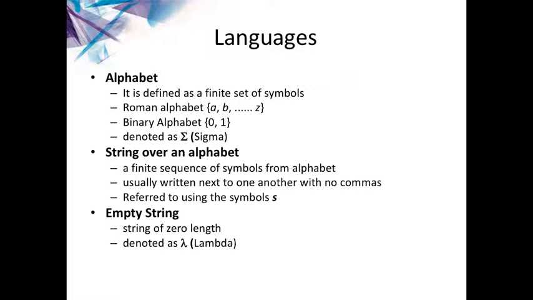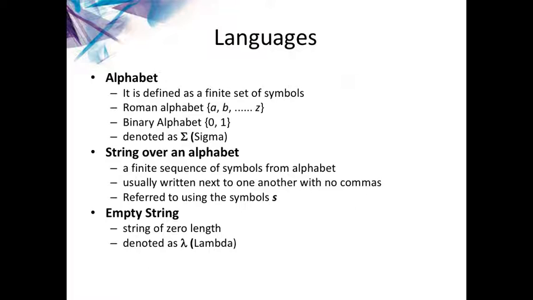So now what is a string? A string is a finite sequence of the alphabet symbols. So for a string to belong to a certain language, it has to be composed of the letters that belong to the alphabet of this language. A very special type of string we call the empty string.